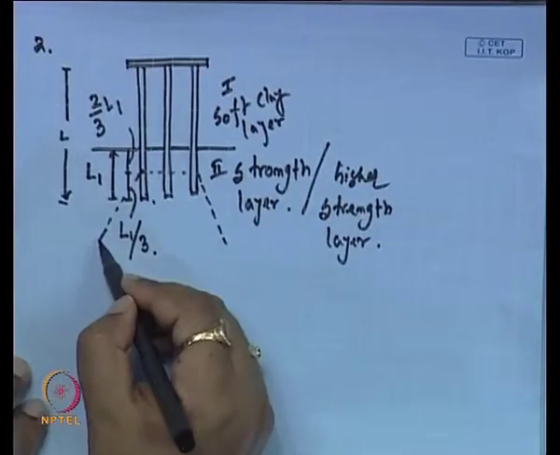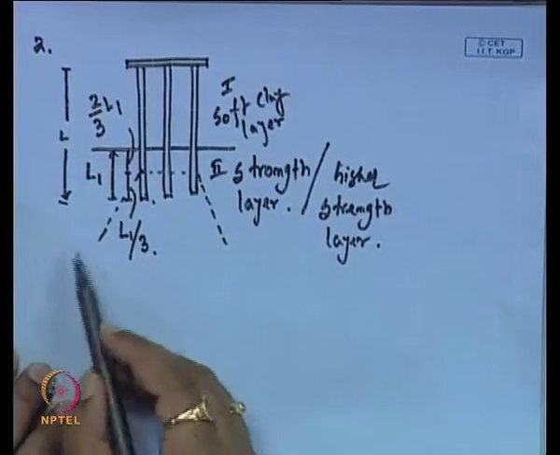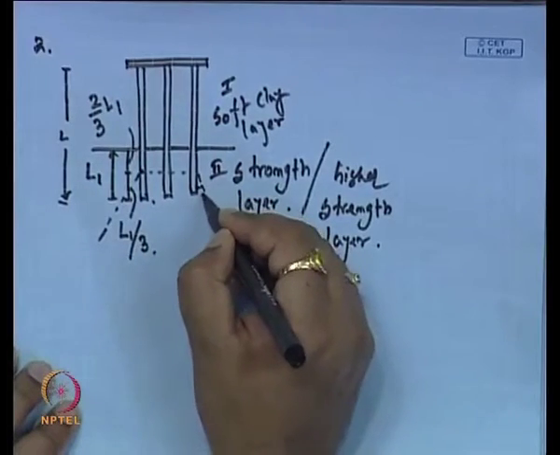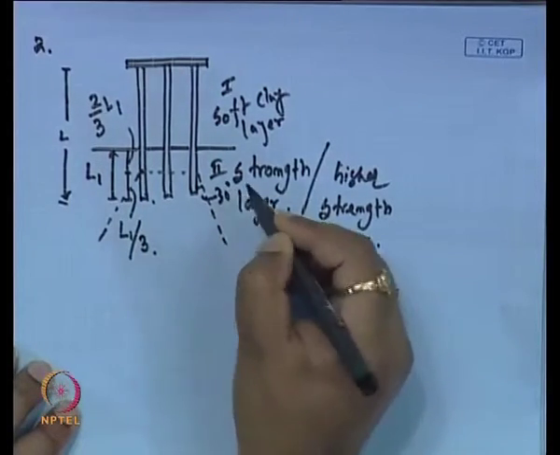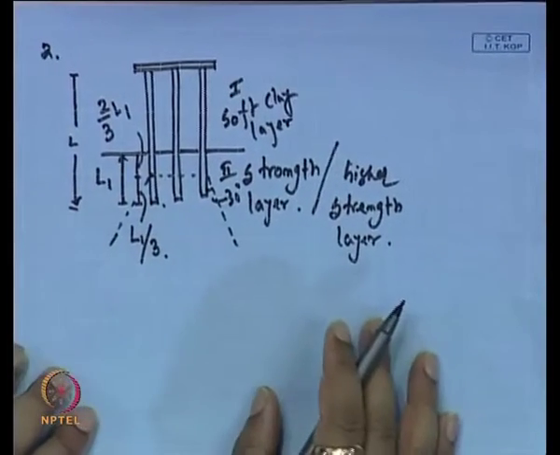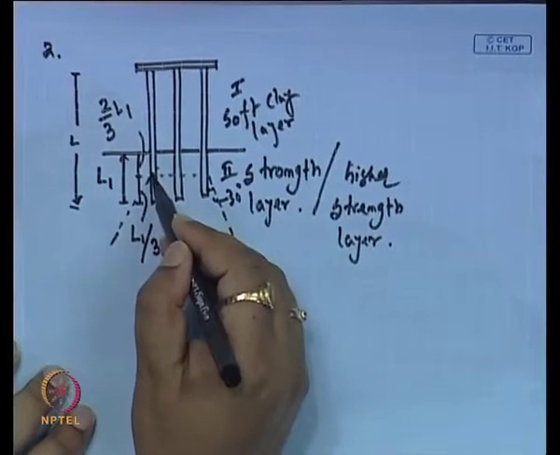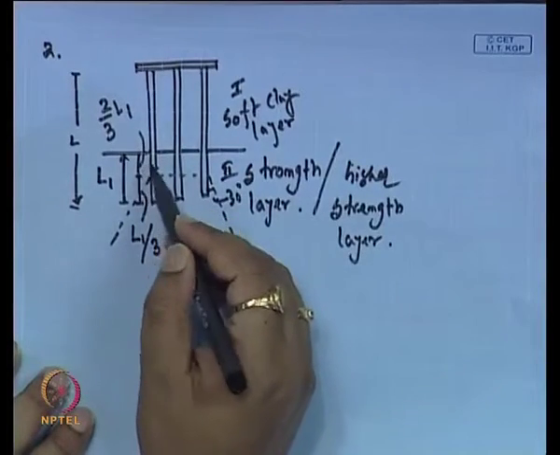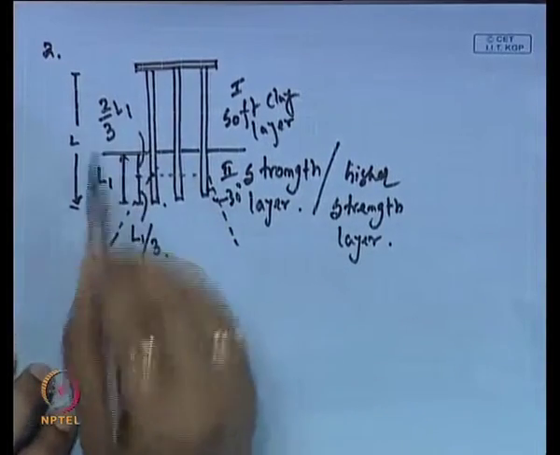From that point, the distribution is the same 2:1 distribution, or this angle is say 30 degrees, and then the process is the same as I have discussed for the first case. So, the only difference here is it is 2/3 of L1, not 2/3 of the total length.